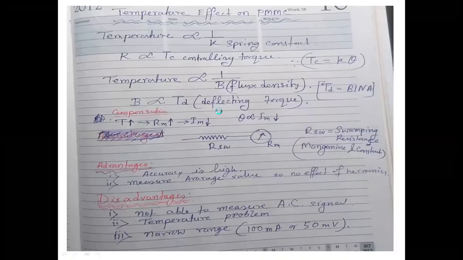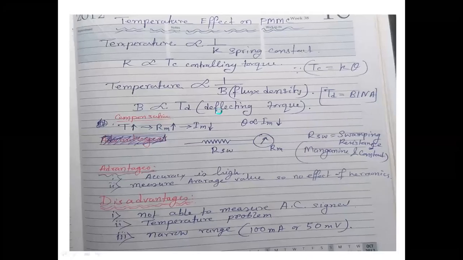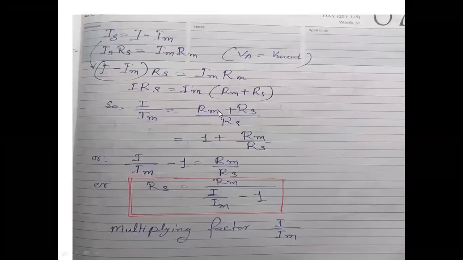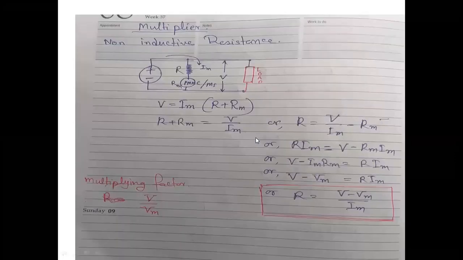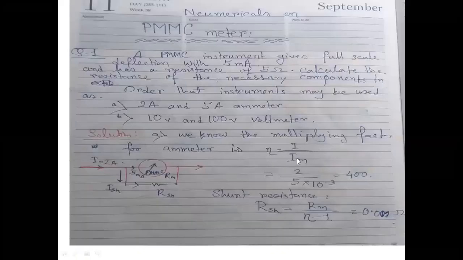You have seen the multiplying factor over here. This is the multiplying factor, I by Im. So what is I? We want to measure 2 ampere. First part A, 2 ampere.